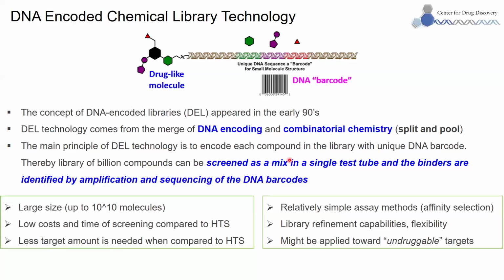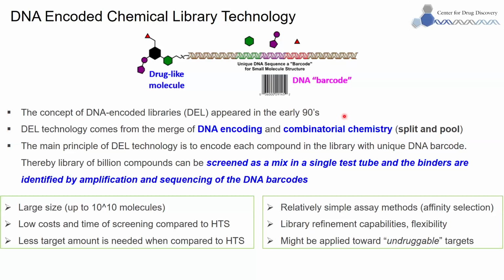So this DNA-encoded library technology, or DEL, or DNA-encoded chemistry, emerged in the early 90s. It's been more than 3 decades now. It's a pretty emerging field throughout academia as well as industry. This technology is a merge of DNA encoding and a combinatorial chemistry approach.